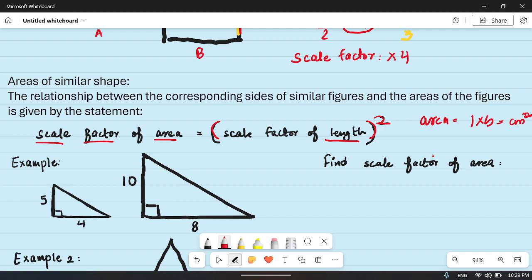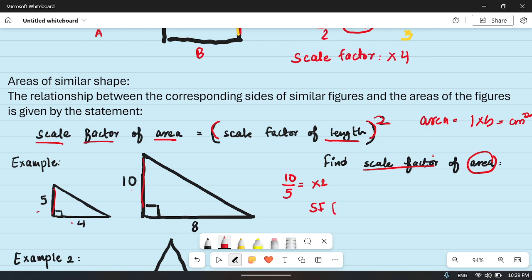We have an example. We have a 5 by 4 triangle and a 10 by 8 triangle. Find the scale factor of the area. So let me first find the scale factor of the length. I see these are the same, so 10 over 5 becomes times 2, and that's the scale factor of the length.